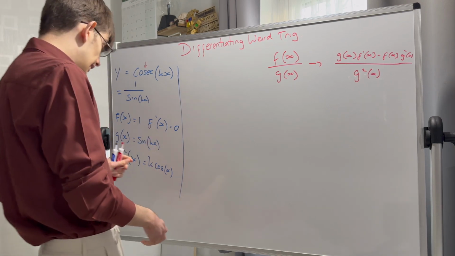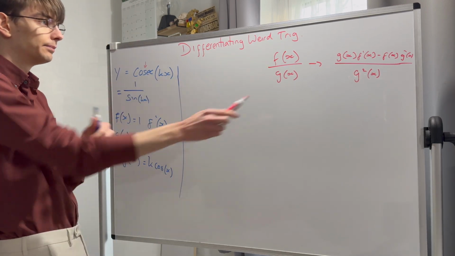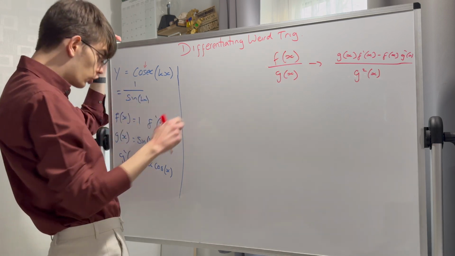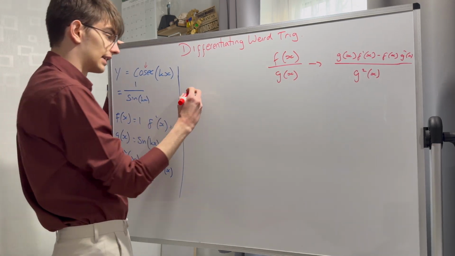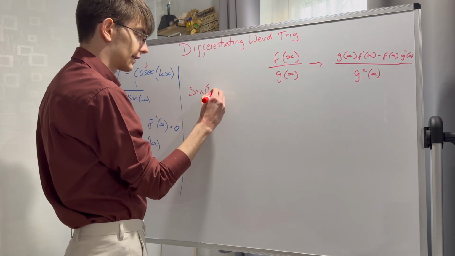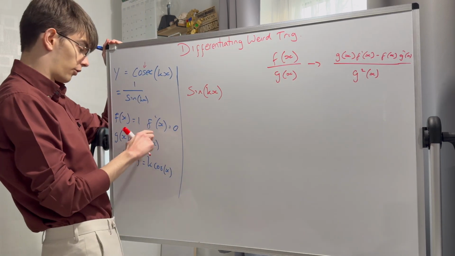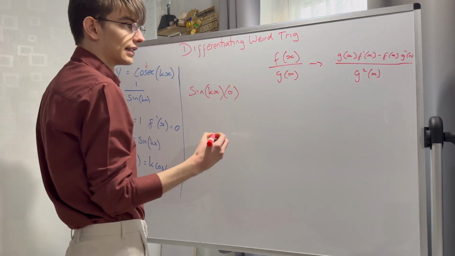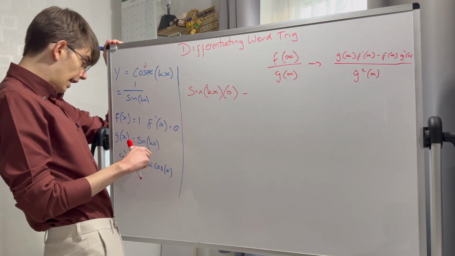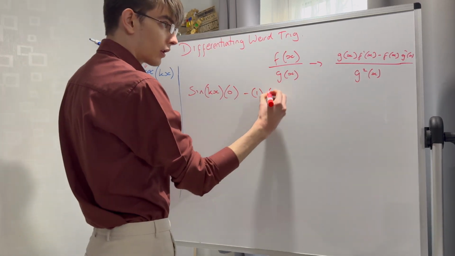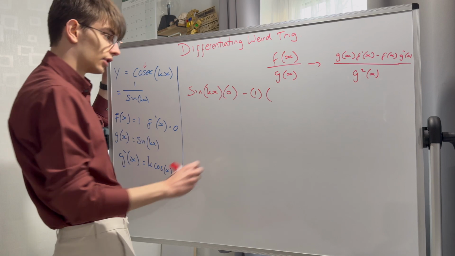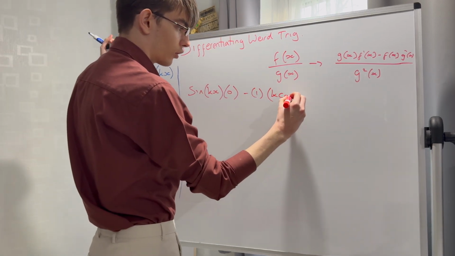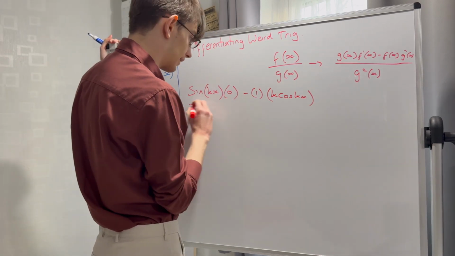So now let's map all of this in and see what we get. We have g of x first, which is sine kx, times f prime of x, which is 0, minus f of x, which is 1, times g prime of x, which is k cos kx.